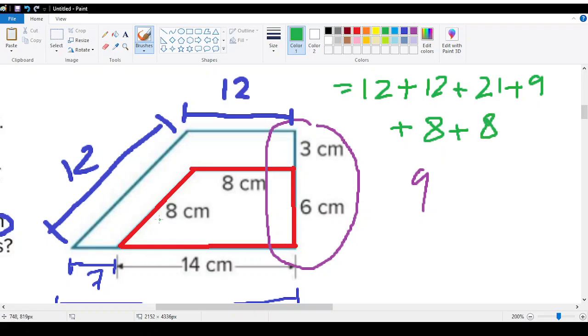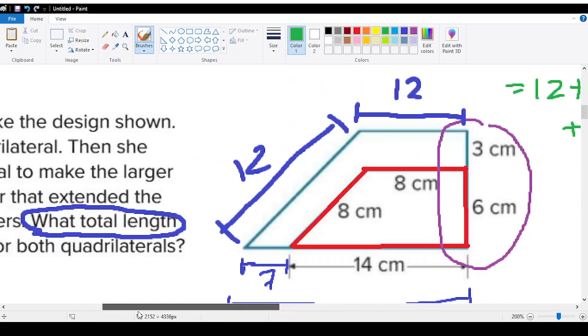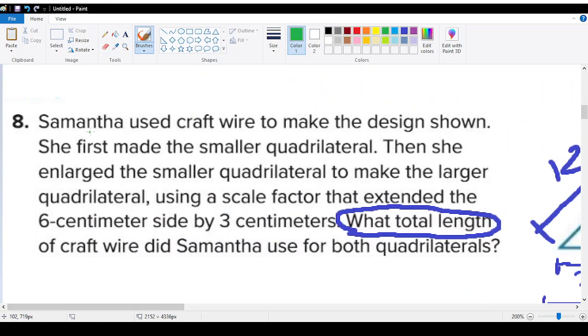Why did I increase them, Shamsa? Because he said all the wire. Okay, Samantha used craft wire to make the design shown. She first made a smaller one and then she enlarged the smaller to make the larger. So she makes two, smaller and larger, using scale factor. Okay, what total length?